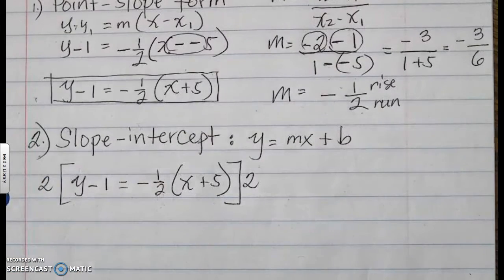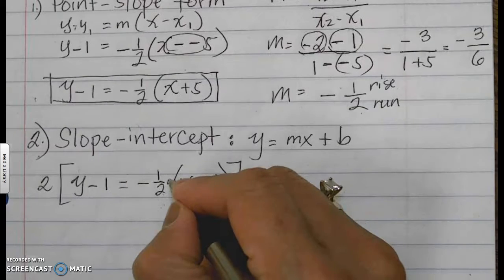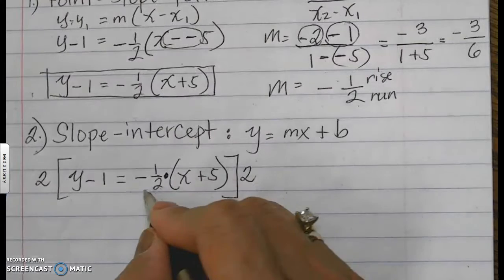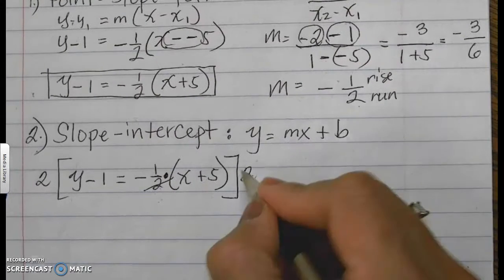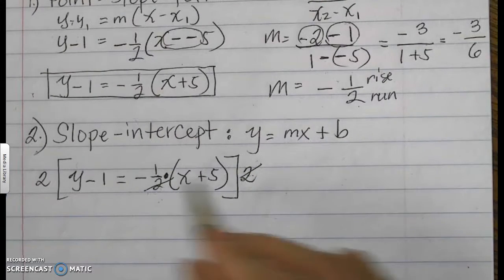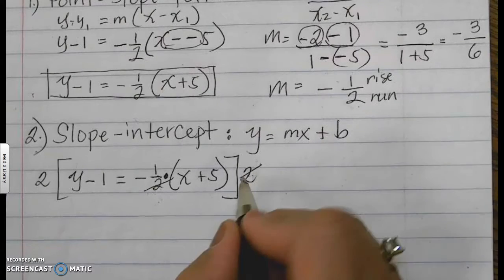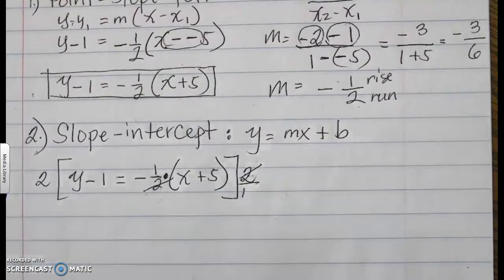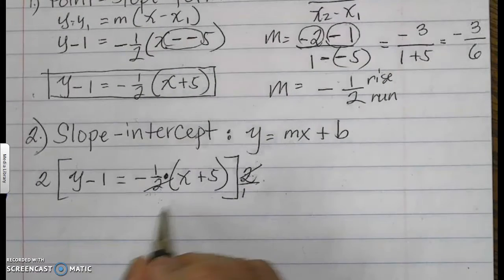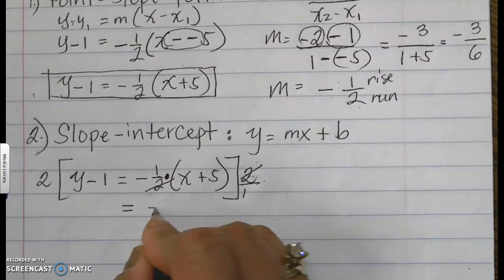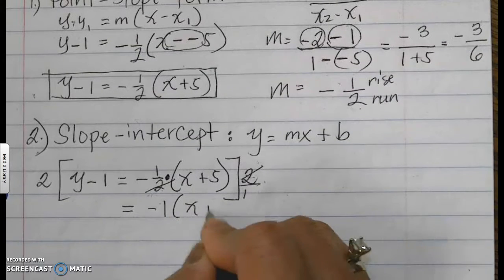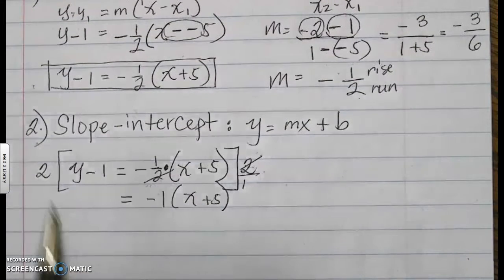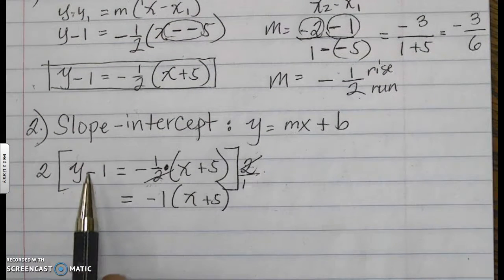Now, please understand that this is a times. Because it's a times, this 2 right here makes it automatically become a 1, because that is gonna become 2 over 2 because there's a denominator of 1. So that automatically goes away, and on this side what you will have is a -1 x plus 5. Now on this side right here, understand that that's a minus.